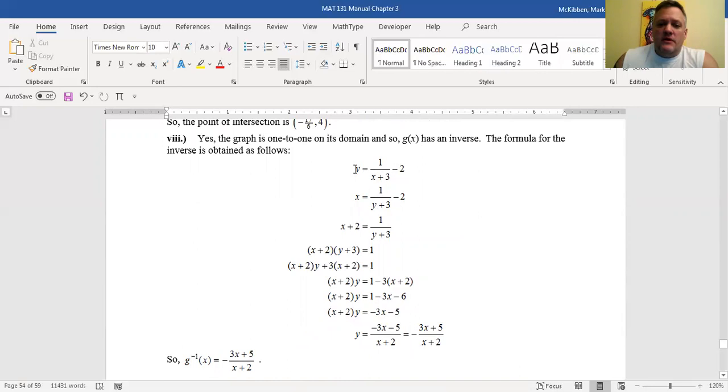So what we do is we set y equal to this function, interchange the x and the y, and we want to solve this for y. So I'm going to add 2 to both sides, and then I'm going to multiply both sides by y + 3. Remember, I need to isolate the y term, and so I'm going to distribute, or if you think about foiling it out, I just distributed the x + 2, the whole quantity, through both these terms.